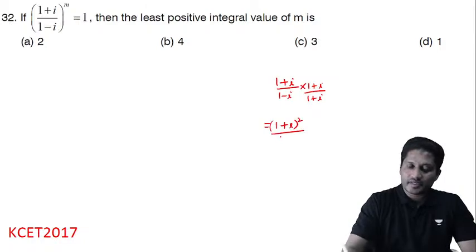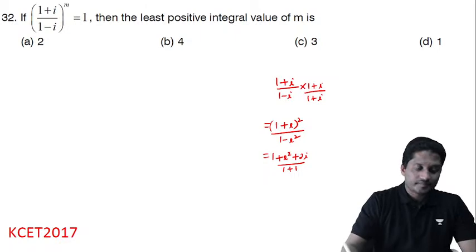A plus B into A minus B is A square minus B square. So A square plus B square plus 2AB is 2i. i square is minus 1, so this is 1 minus 1 plus 2i upon 2. The 2 and 2 cancel, you will get this as i.